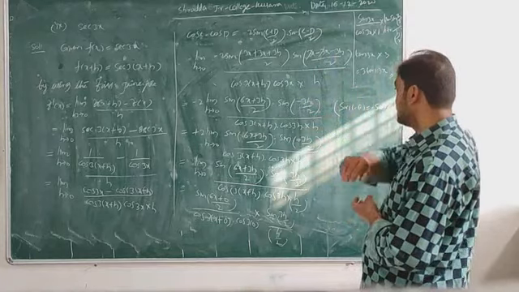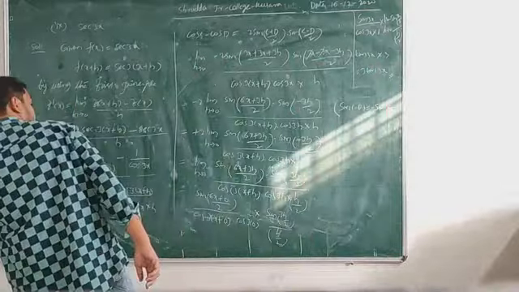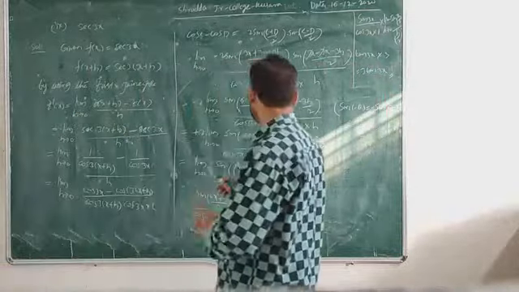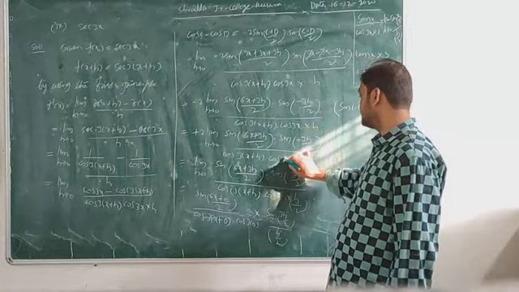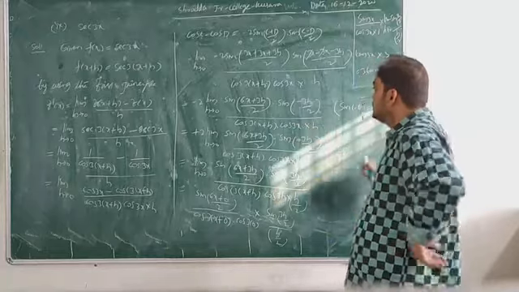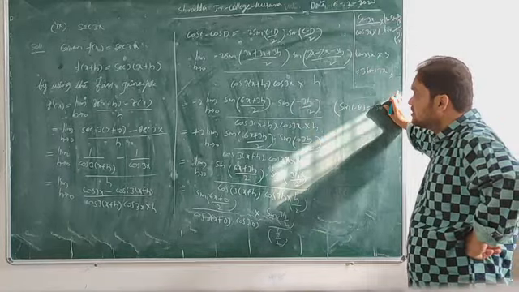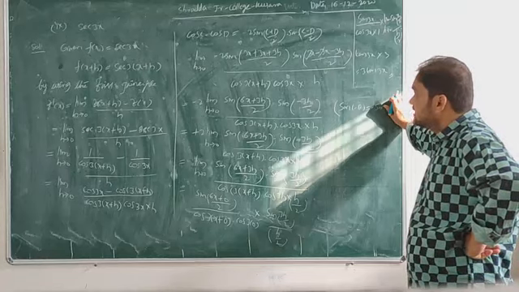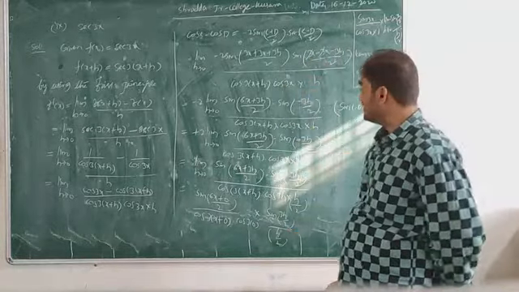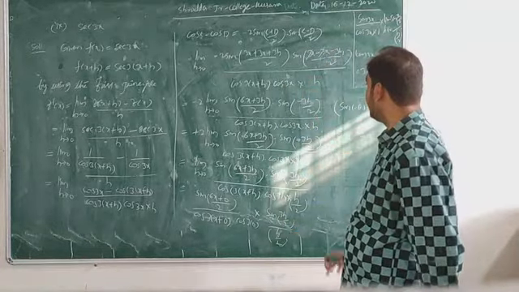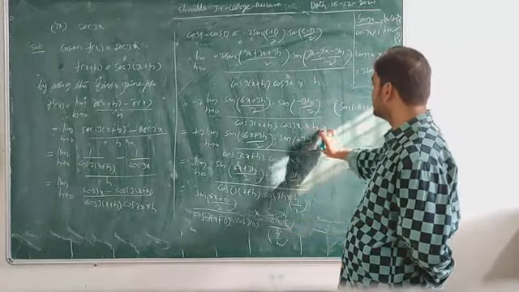Into cos of 3x plus h into cos 3x, into h. Minus 2 into limit h tends to 0, sin of 6x plus 3h by 2 into sin of 3x minus 3x gets cancelled, then sin of minus 3h by 2, by cos 3 into x plus h into cos 3x into h.